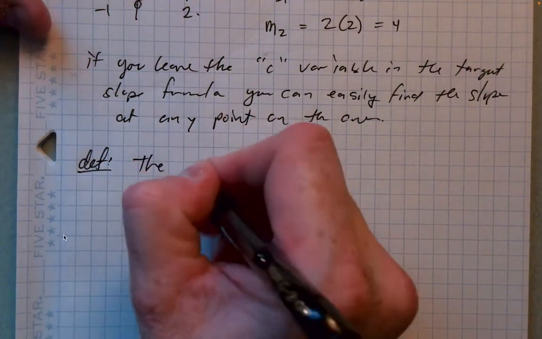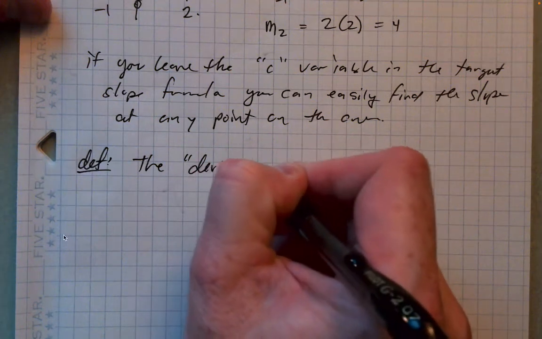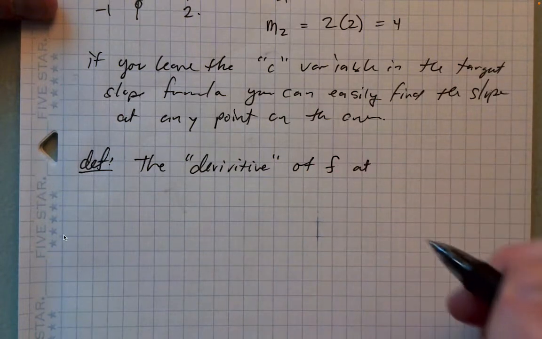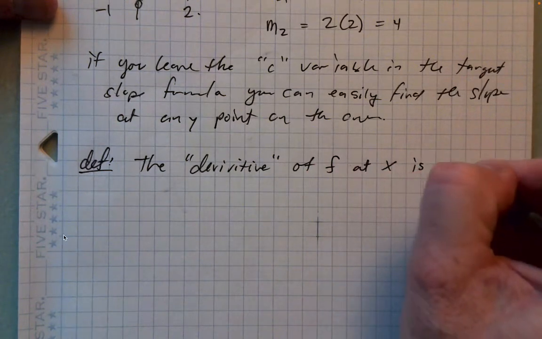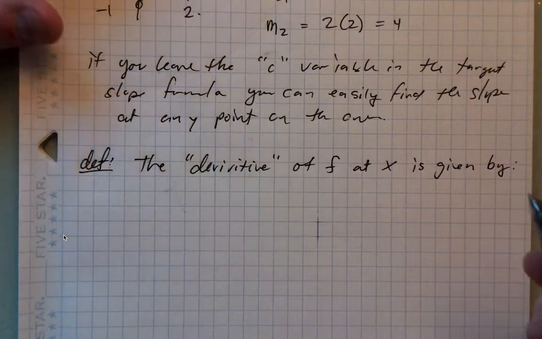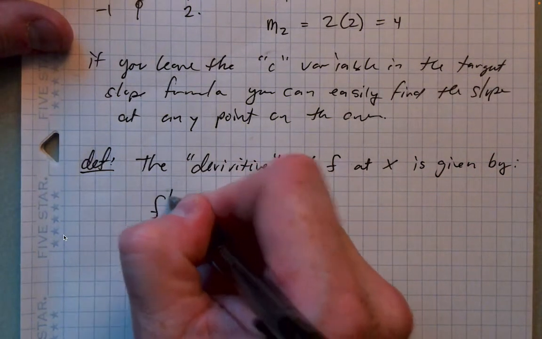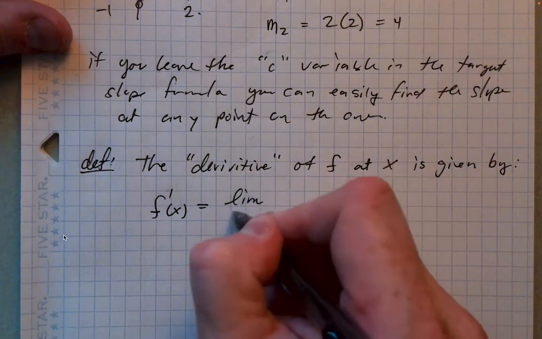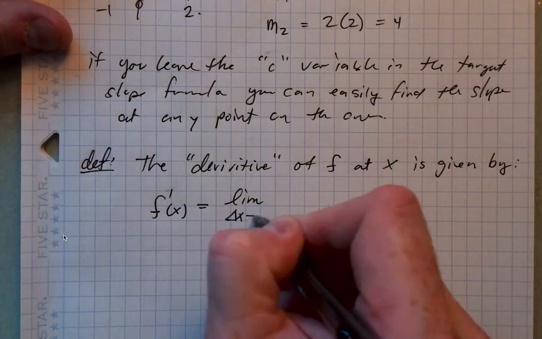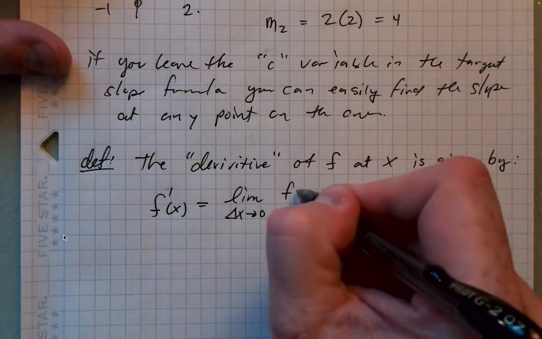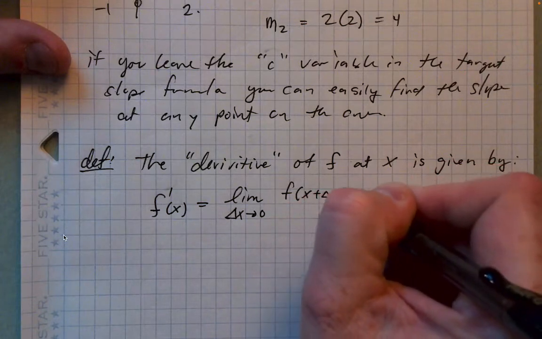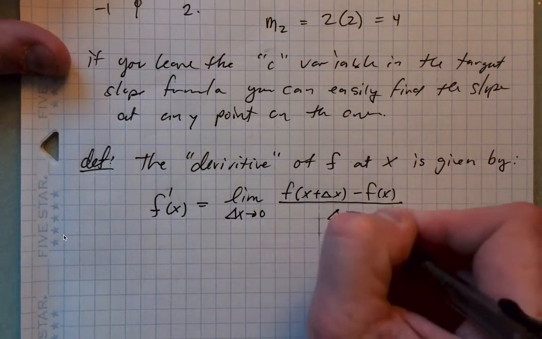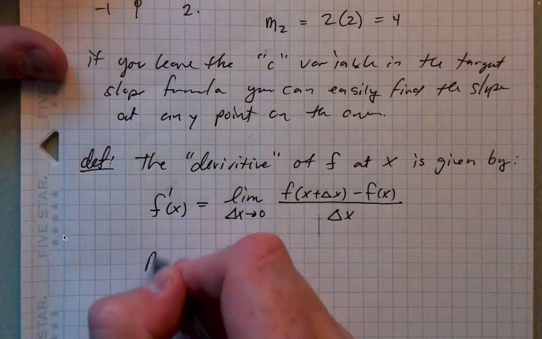So the derivative of f at x is given by, and the notation we'll get into in a second, f prime of x equals the limit as delta x goes to 0 of what we just were looking at, f of x plus delta x minus f of x, over delta x, provided that the limit exists.